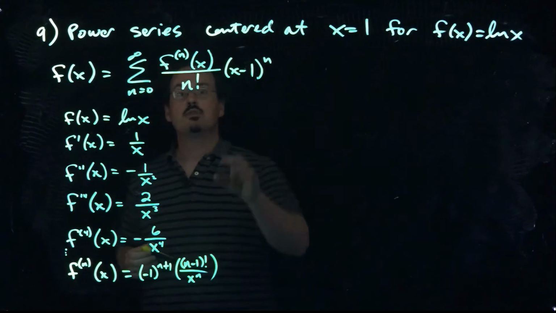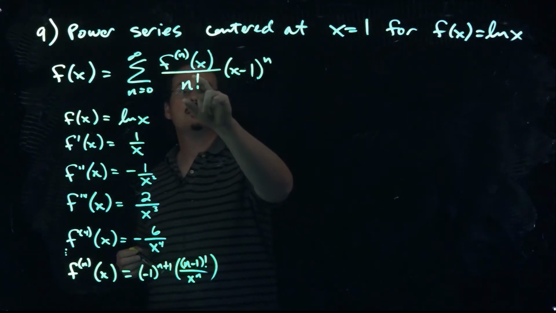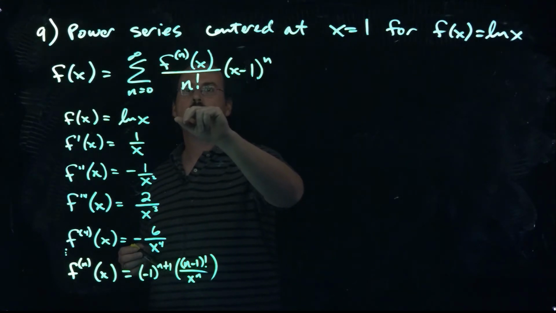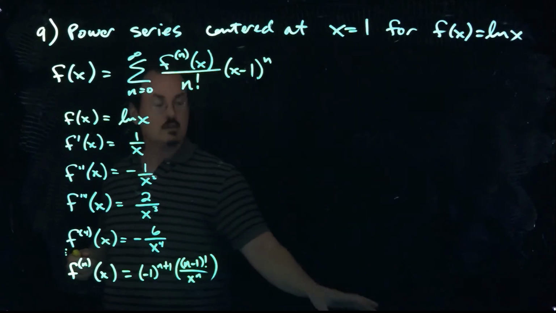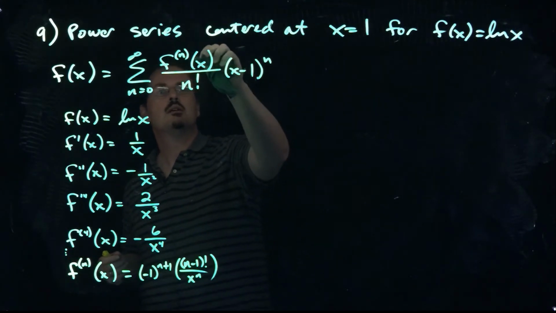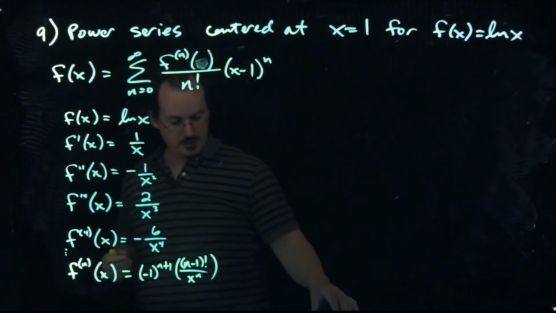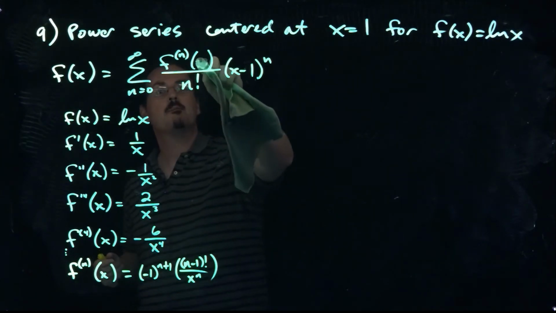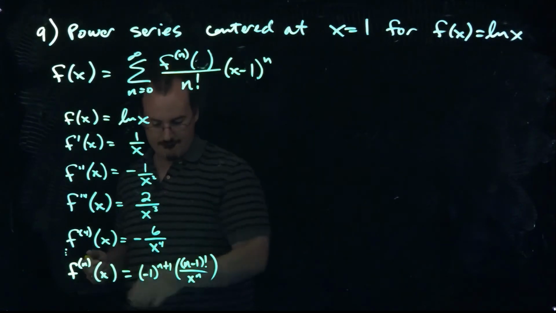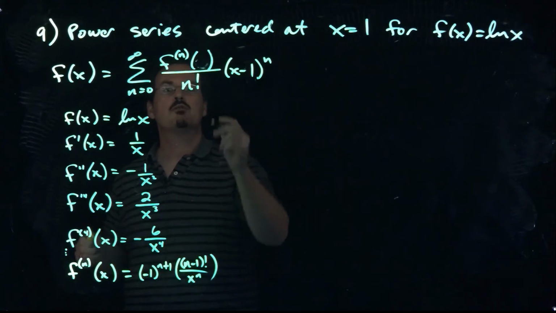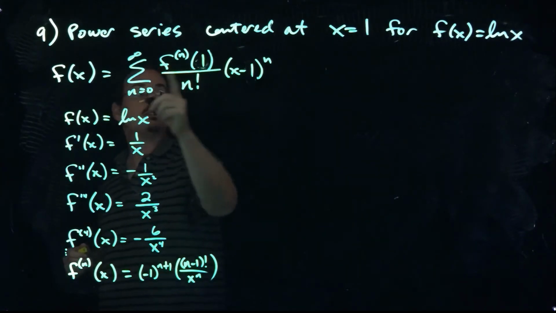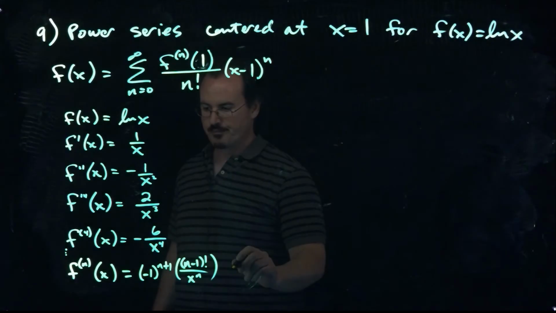Okay, so that's our term for the nth derivative. Then what I really need for the formula here is, oops, I think this formula should be f^(n) of 1 there, not f^(n) of x. Sorry about that, I gotta fix that. So what I need here is the formula for the nth derivative at the center, which this thing is centered at 1.